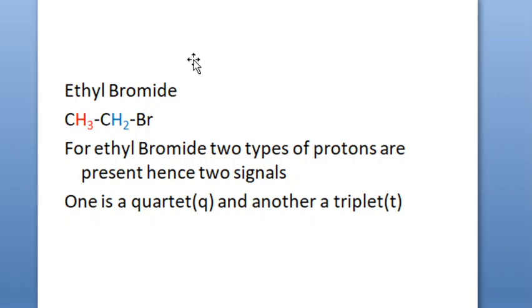The CH2 signal is a quartet and the CH3 signal is a triplet, because the CH3 signal depends on CH2 and the CH2 signal depends on CH3. The CH2 adjacent hydrogens are 3, therefore a quartet. The CH3 adjacent hydrogens are 2, therefore a triplet, by following the n plus 1 rule. And quartet in short is Q, triplet is small t, singlet is S, doublet is D.